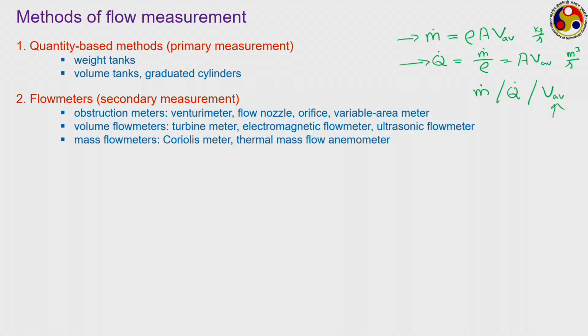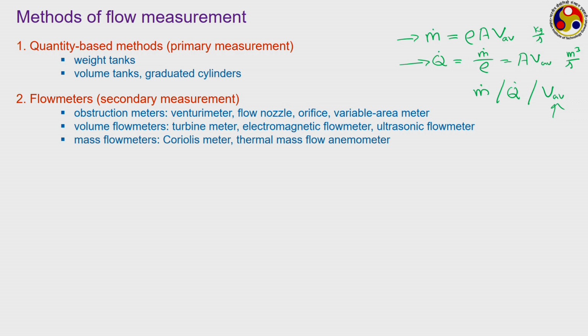but those are generally very primitive methods and hardly used in practical purposes. So, what we use is the second one, where flow meters, where the flow rate is transduced to some other kind of signal, and from there we get a measure of this flow rate, generally this Q dot itself. Like there can be different options. We can have obstruction meters, where the flow rate is actually converted to pressure drop, it is transduced to pressure drop, and then this pressure drop is used to calculate the flow rate.